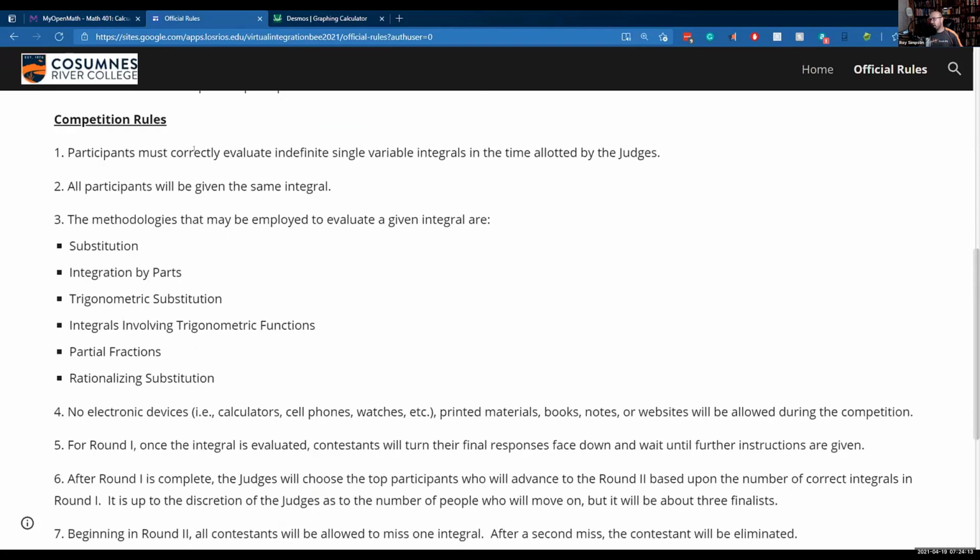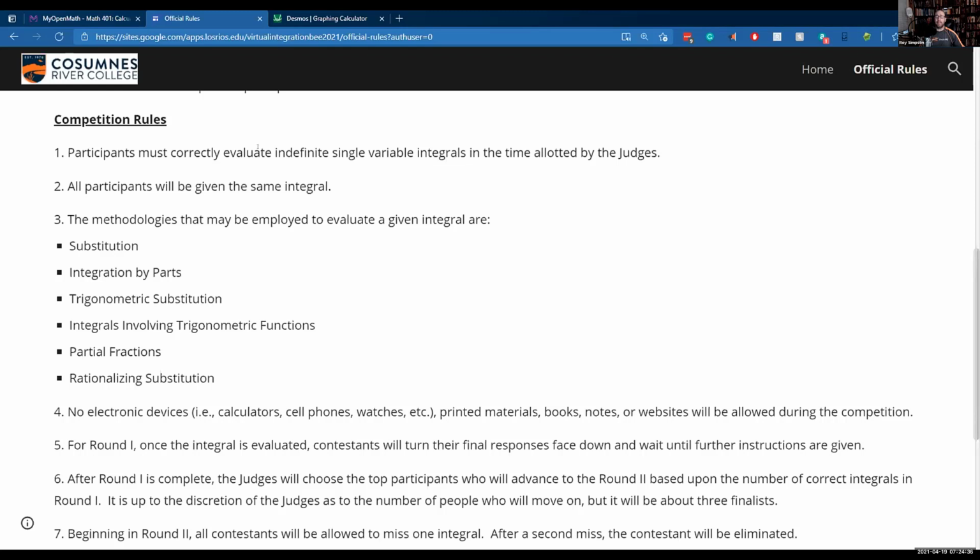Competition rules: you must correctly evaluate indefinite single variable integrals in the time allotted. Generally, the way it works is I'll put up an integral and we'll say you have 2 minutes. And then you sit there and madly try to do it in 2 minutes, or maybe 3, depending on the integral.